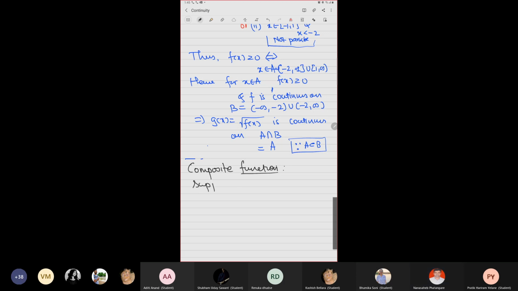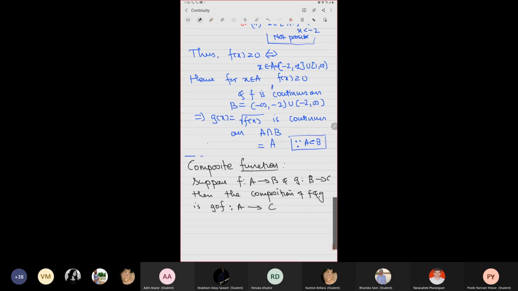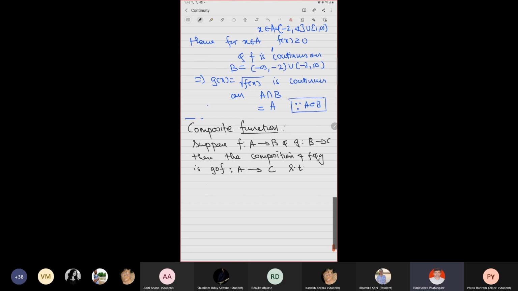Suppose f is a function from A to B and g is a function from B to C, then the composite of f and g is a function from A to C. Let's see how this composition is defined.